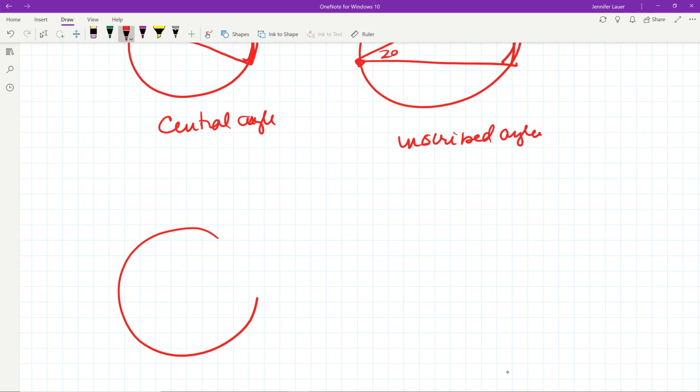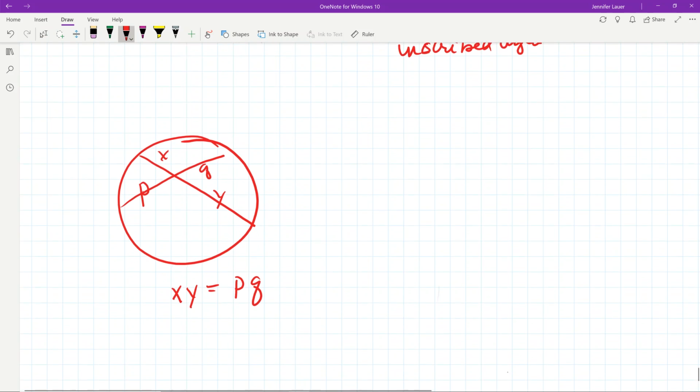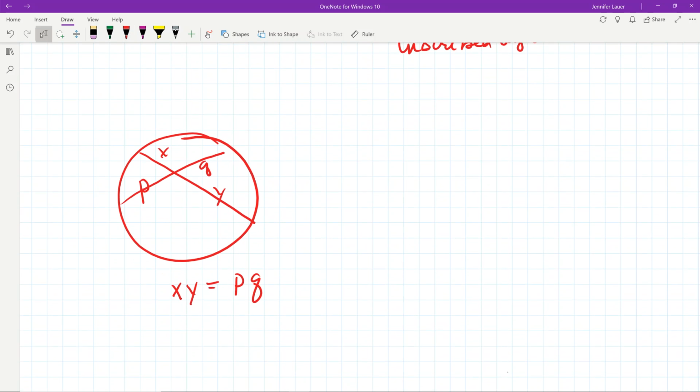And when you have two chords cut in a circle like this, and this is XY, this is PQ, essentially this times this is always equal to this times this. And let's see, what are some other ones that you need to know?